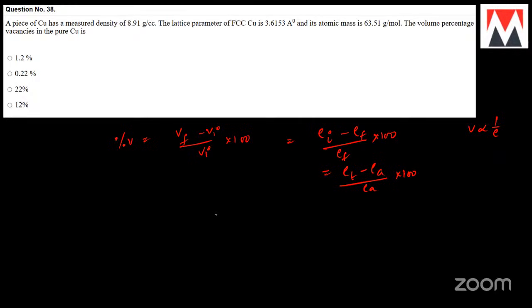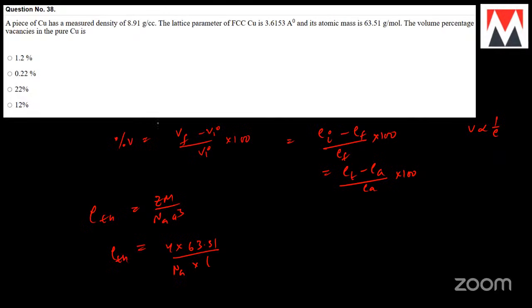So what do you get here? The theoretical density is equal to Z M by Na into a cubed, which we can calculate normally. FCC has the number of atoms 4. So 4 into mass 63.51 by Na, the Avogadro number, into the lattice parameter cubed.